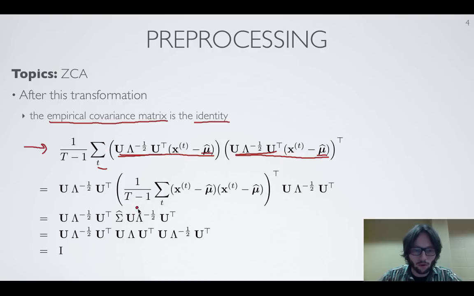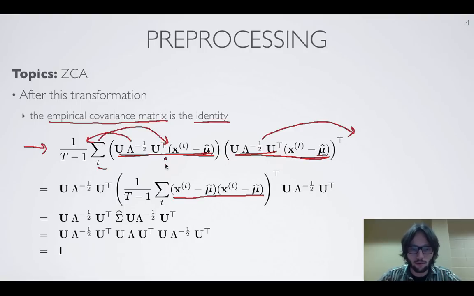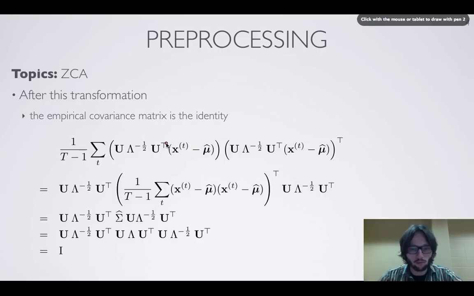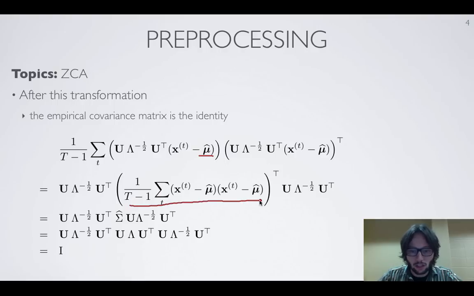So I'll have 1 over T minus 1 times the sum over t of these terms, where x_t depends on t. Essentially, I've been able to factor out that transformation here and here, and put the sum within here. And now we notice that this is actually the empirical covariance matrix, so this is sigma hat.